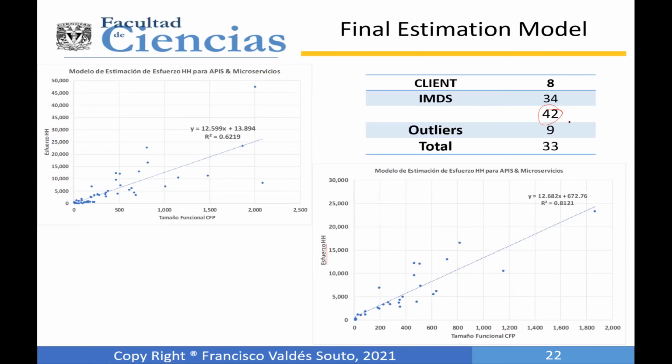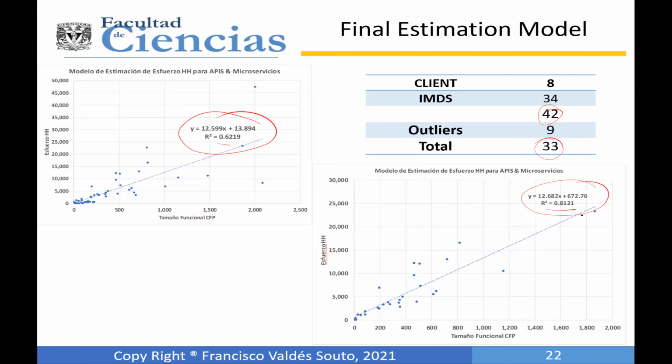Okay, so we identified 9 outliers. So our total database is 33 projects, and we could observe that this model presents a correlation coefficient of about 62%, and with these steps we improve the estimation model to 81%.